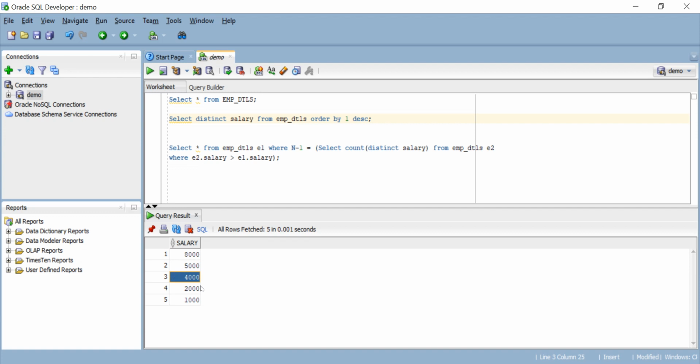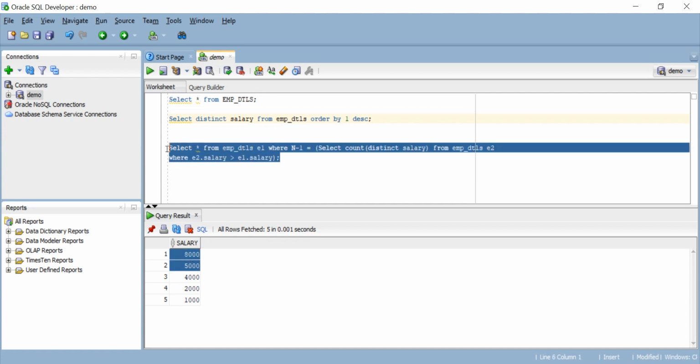If you are saying that 2,000 is the fourth highest salary, there should be three other salaries ranking above it. Similarly, if you are saying that 5,000 is the second highest salary, there should be only one single highest salary above it. So if you are finding out the third highest salary, there should be 3 minus 1, two other salaries ranking above it, and that is what we have written over here in terms of query.